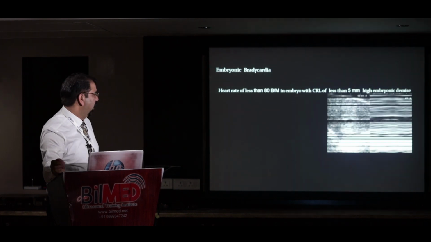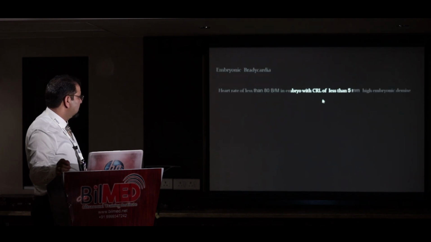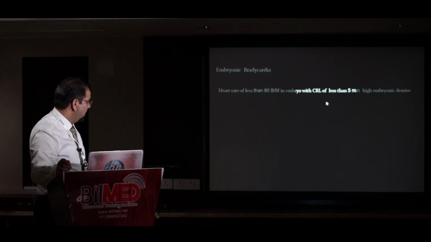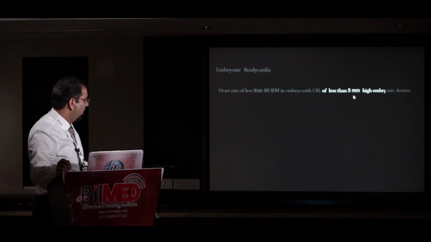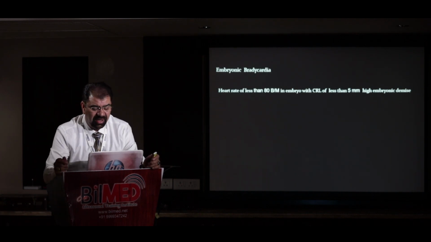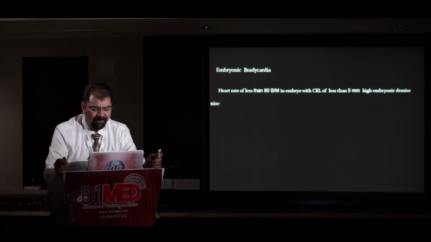For example, if the fetus is having less than 80 beats, and the CRL is less than 5, now see, it has to be correlated with the CRL. It is having a high embryonic demise.